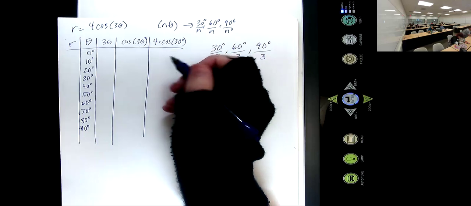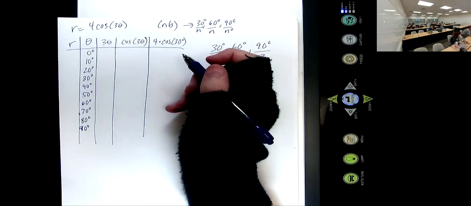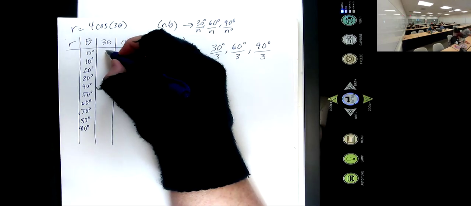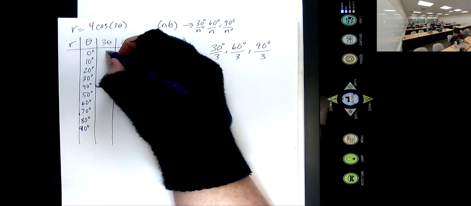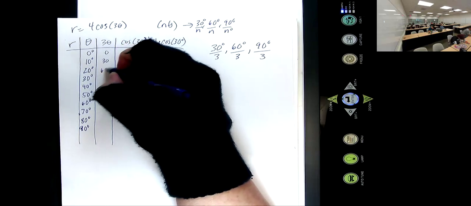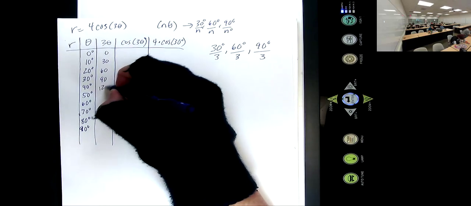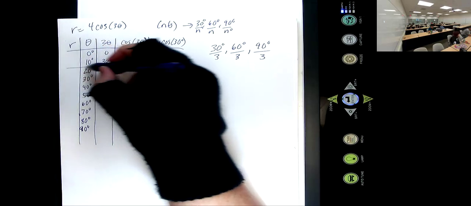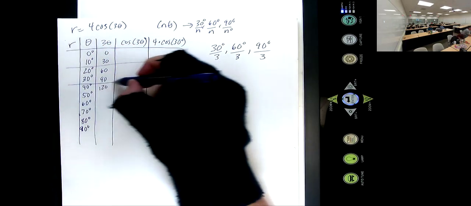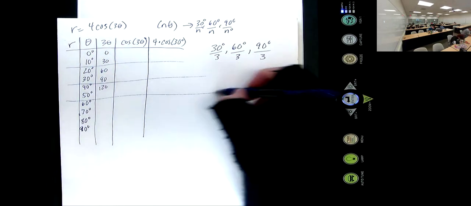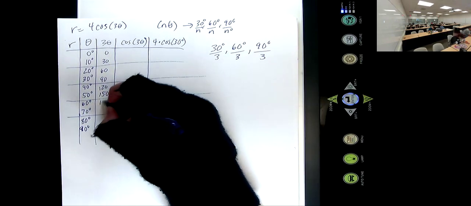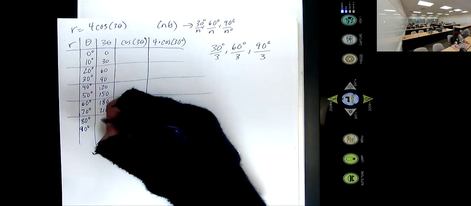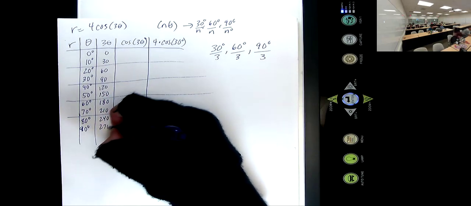You're really not gonna see enough unless you do the full 360. But it's kind of handy to see what 3 theta is doing. 3 theta would be 0, 30, 60, 90, 120. I need my tracer lines in here now. 150, 180, 210, 240, 270.